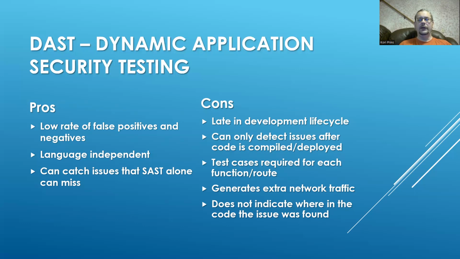So it can identify that, say, a SQL injection was allowed to process, but it can't tell you specifically where in the code that function or that piece of code resides that allowed it to execute correctly.